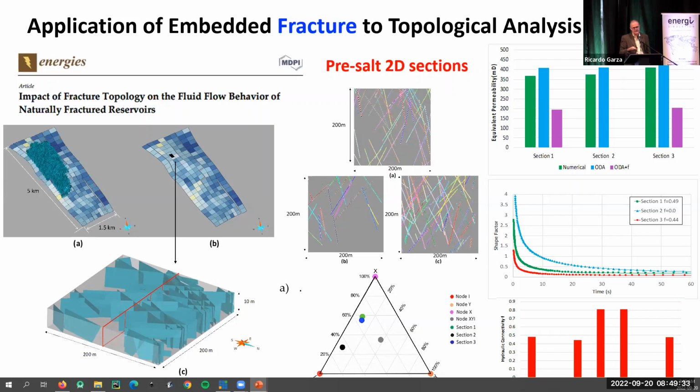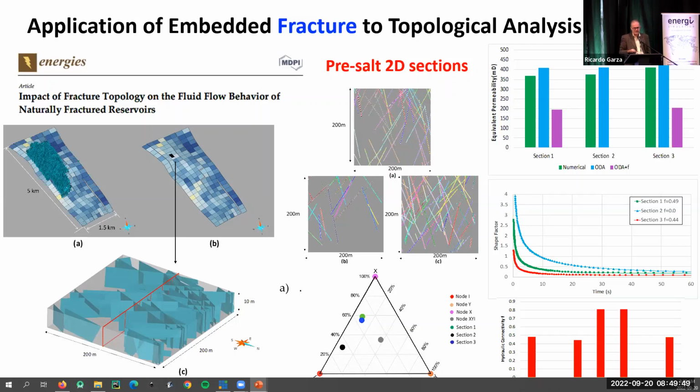For instance, trying to understand how the shape factor could be different for different fracture densities, and as we have many cells to study.